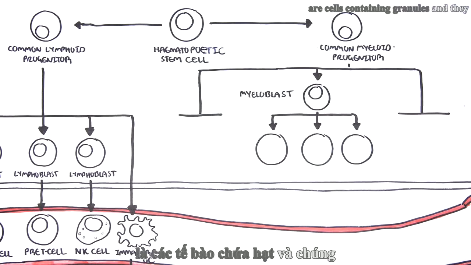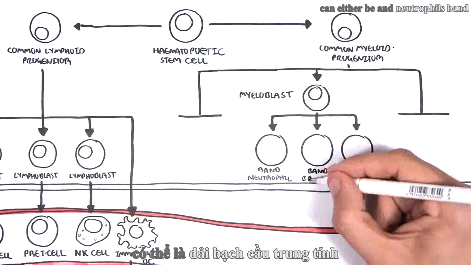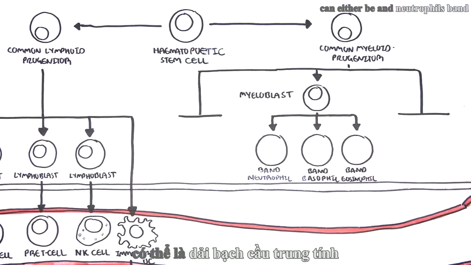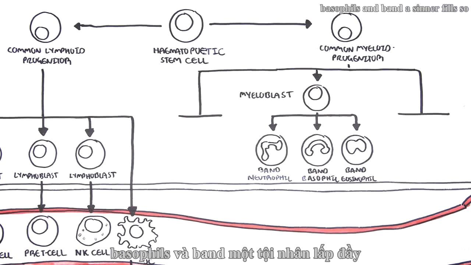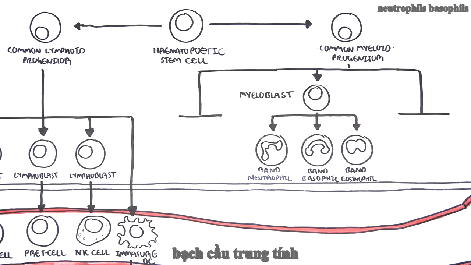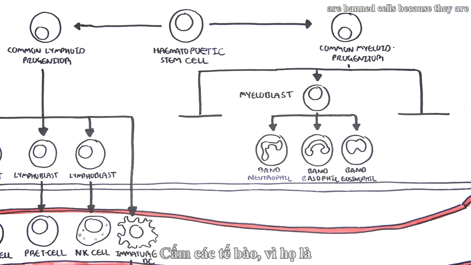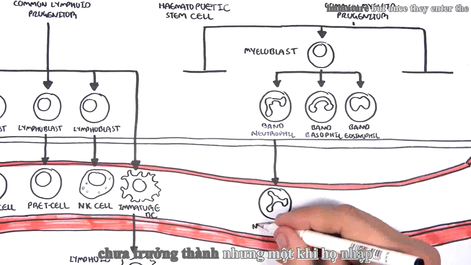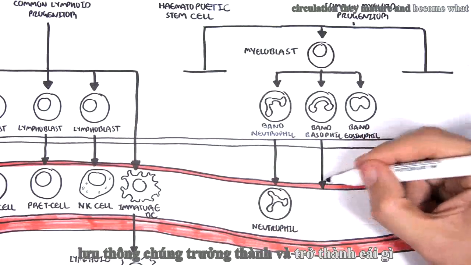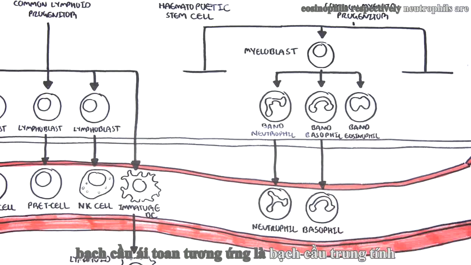These granulocytes are cells containing granules, and they can be band neutrophils, band basophils, and band eosinophils. And these granulocytes are band cells because they are immature. But once they enter the circulation, they mature and become what we know as neutrophils, basophils, and eosinophils respectively.